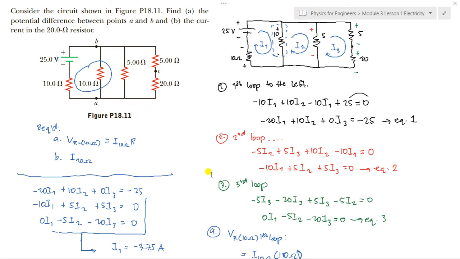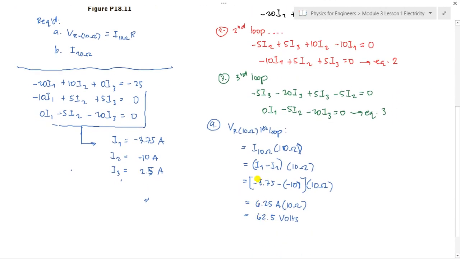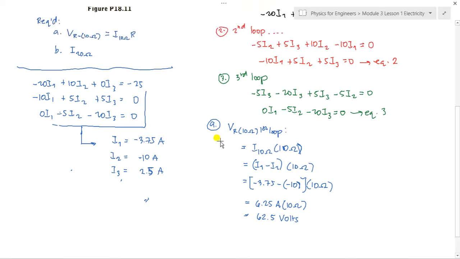Okay class, let's continue. What we got here is greater than what is in the batteries, which is not true.